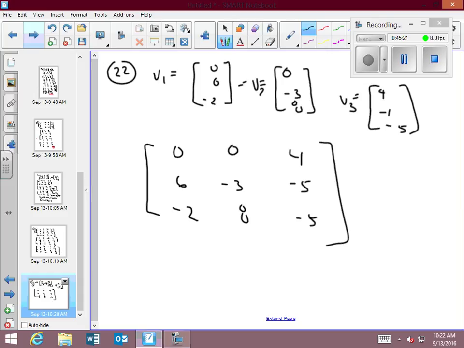So what I'm going to do is take the first row, put it in the third row position. I think that 6 is supposed to be a 0. Did you say something? I think that 6 is supposed to be a 0. This was supposed to be a 0? Yeah. Thanks.